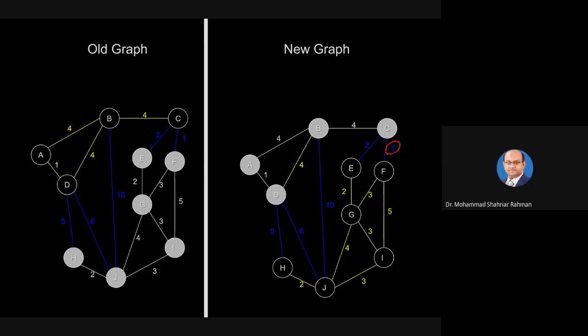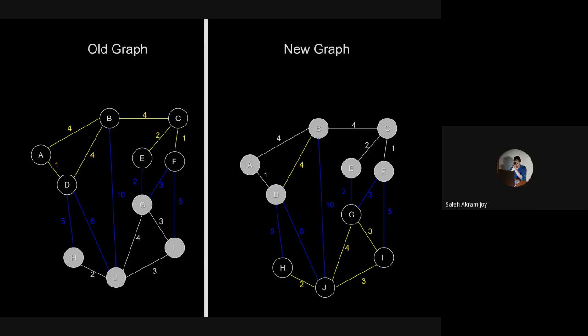CF, তারপর আমাদের এখানে all these things, and F, FG, G. No, probably CE, right? Minimum 2. CE, then EG. EG, and we cannot take GF, right?